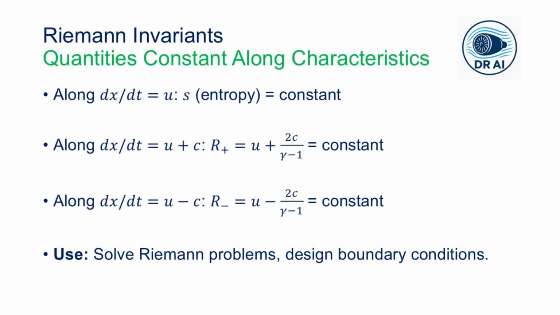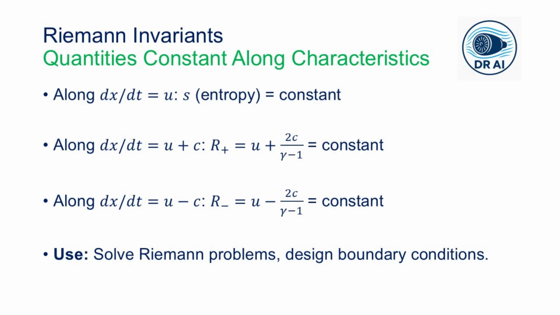Now, moving on to the Riemann invariants. Along each characteristic, we find quantities that remain constant, which are the Riemann invariants. They are obtained from left eigenvectors. For lambda 1 equals u, dp minus c squared d rho equals 0, which means the entropy S is constant along the streamlines.